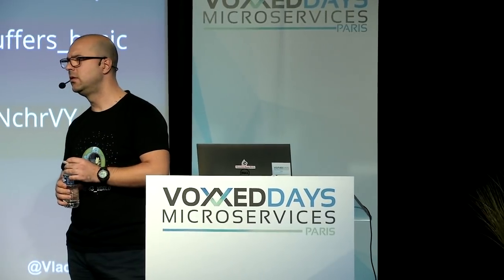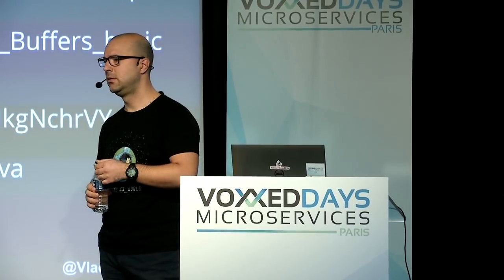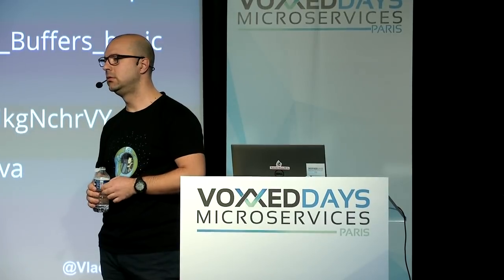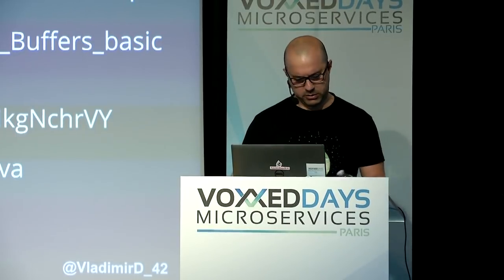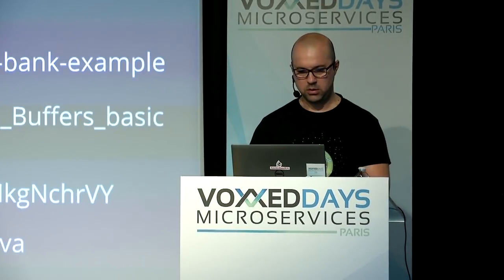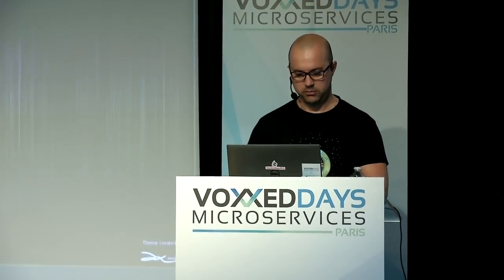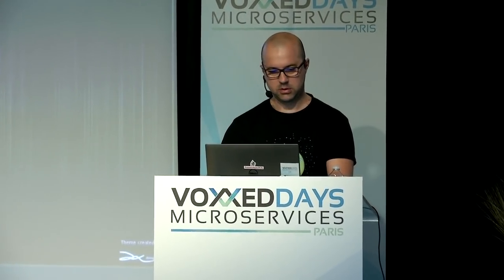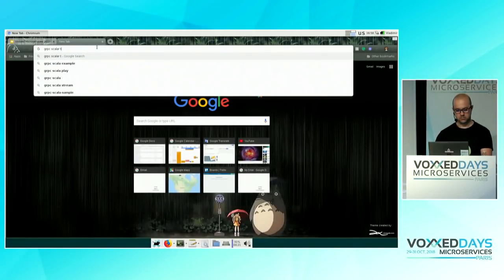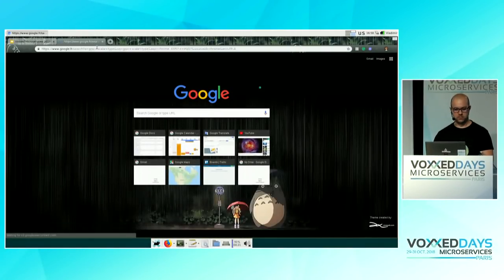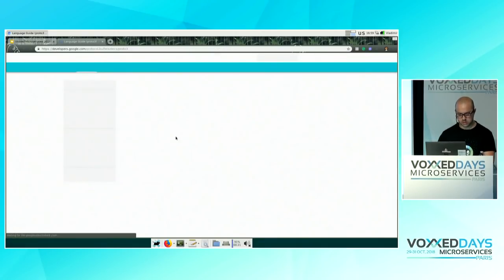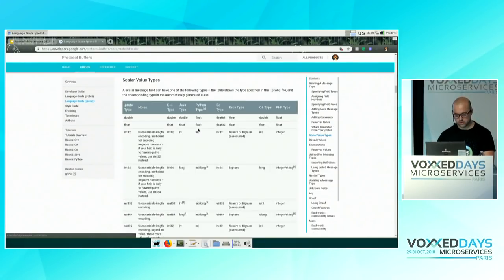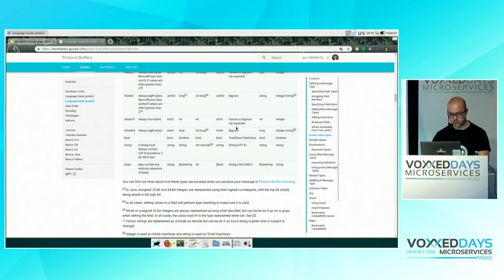If I want to use a BigDecimal type, okay. I didn't show you, but let me just quickly go. There's somewhere a gRPC Scala page. You have a long list of the things that you can use here.